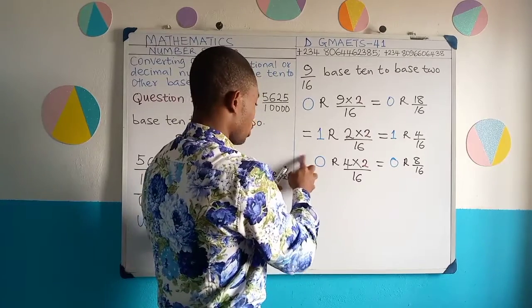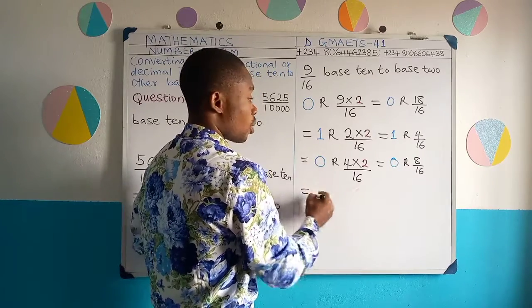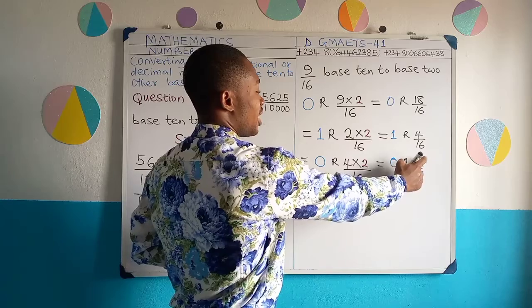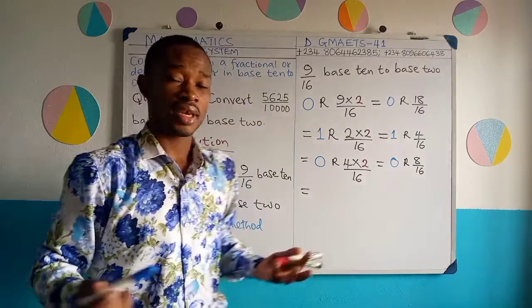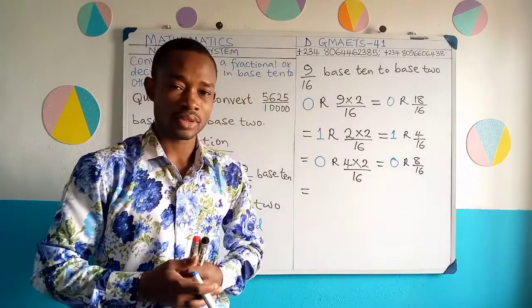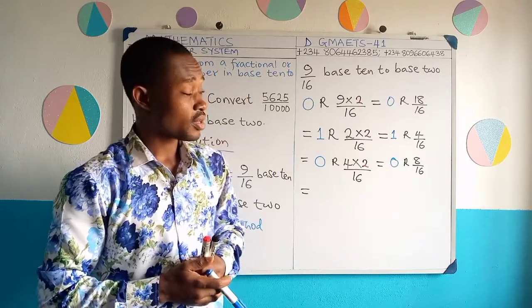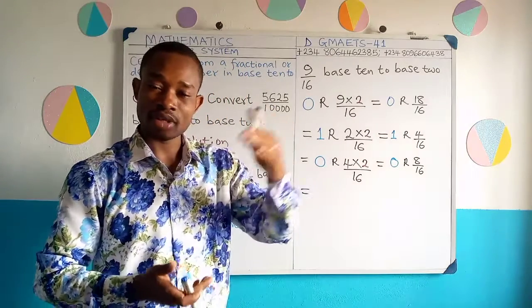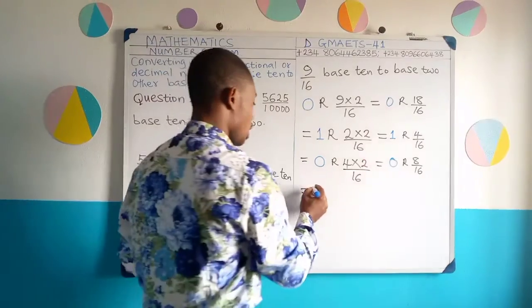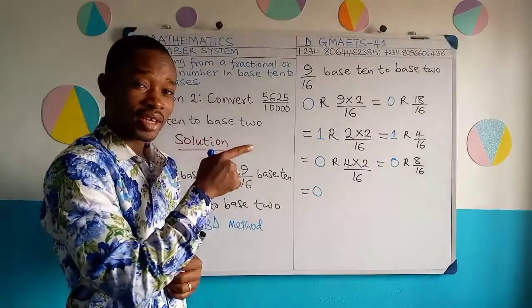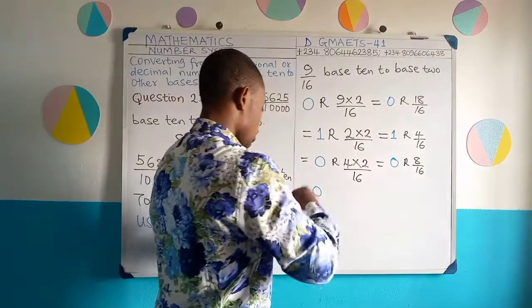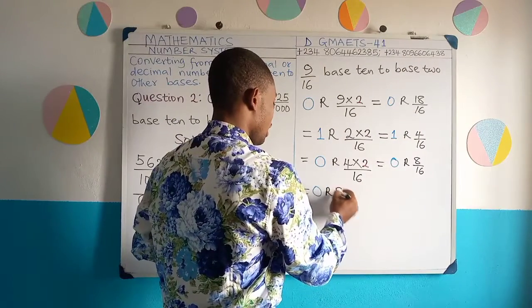This is going to be equal to, if you come here, you're going to have 8 divided by 16. And 8 divided by 16 is not possible. It's not possible because 8, the numerator, is smaller than 16. So it's going to be 0 time. Remainder that same 8. So 0 remainder 8.